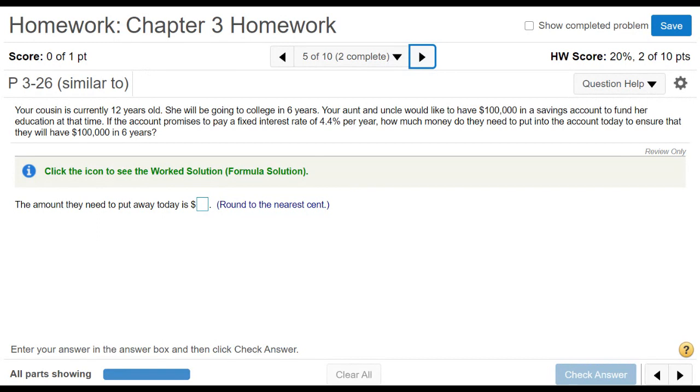So the future value is 100,000. And then I compute for present value. What do I need to put in the bank right now to have $100,000 in the bank in 6 years? That's what the question is here. And what's the answer, I think, to that? It's 77,231.95.